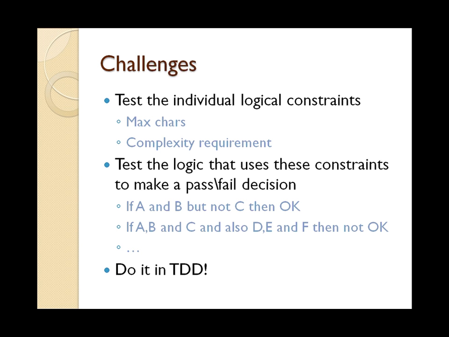Now, the main challenge, once you know how to test these kinds of constraints, is to write it in test-driven development. So I'm going to show a demo of how you can actually write in a test-driven manner this kind of logic using tests that fail first.